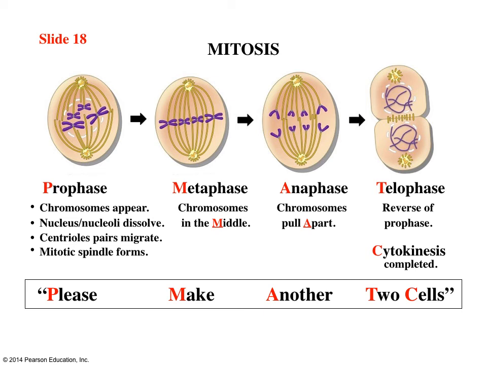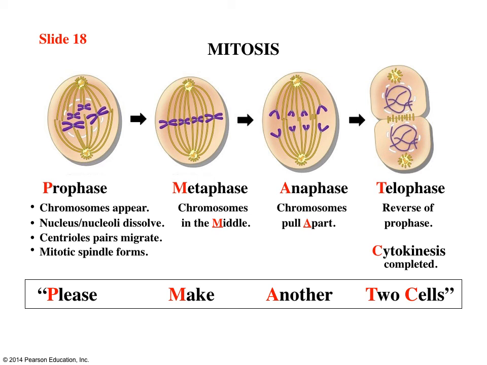So what happens? In prophase, the chromosomes appear, the nucleus and the nucleoli dissolve, and the centriole pairs migrate to the opposite ends of the parent cell. And as they do so, they form the mitotic spindle. Metaphase.